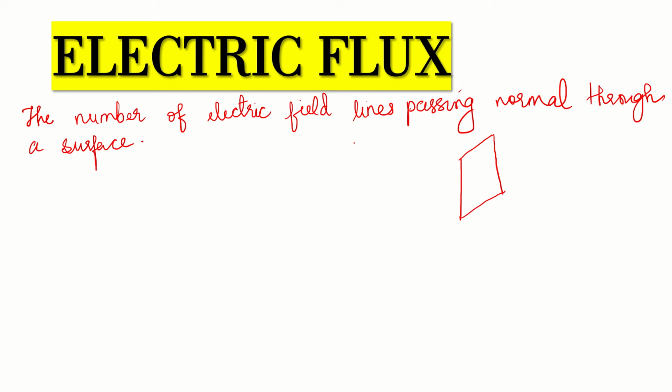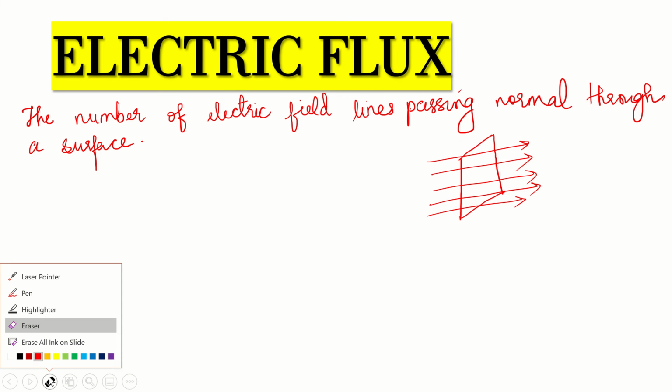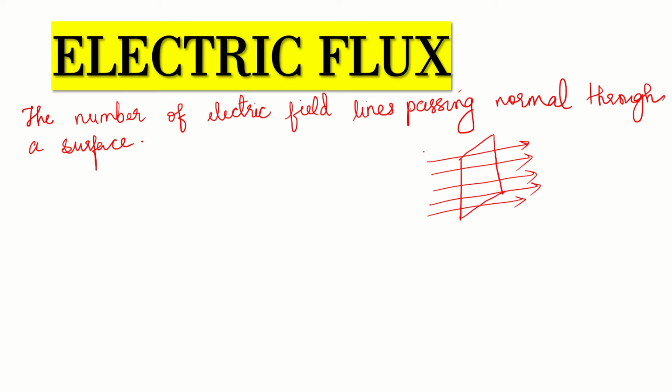Now I am drawing many field lines. Okay, these are the field lines. So once again, what is the definition? The number of electric field lines passing normal through a surface.